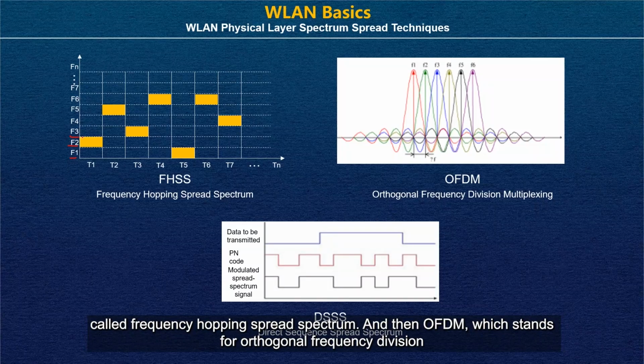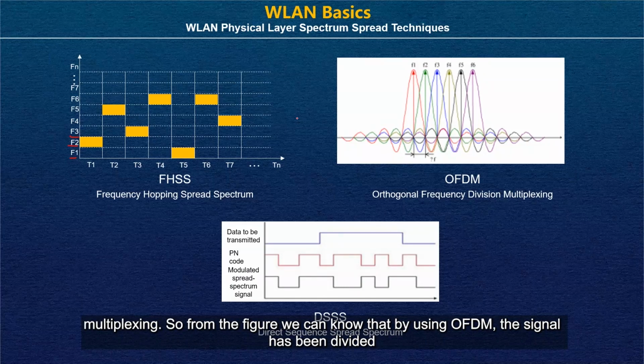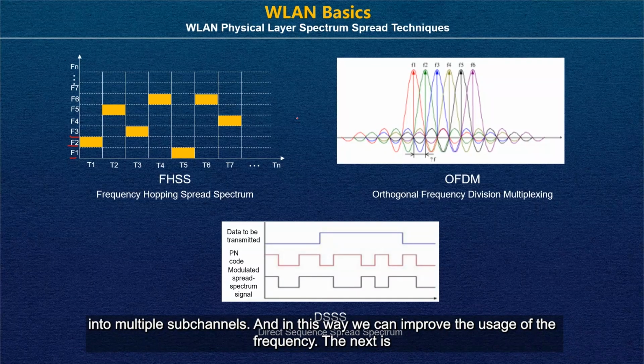This is called frequency hopping spread spectrum. And then OFDM, which stands for orthogonal frequency division multiplexing. So from the figure, we can know that by using OFDM, the signals have been divided into multiple subchannels. And in this way, we can improve the usage of the frequency.